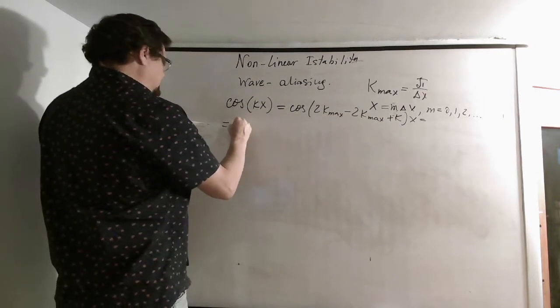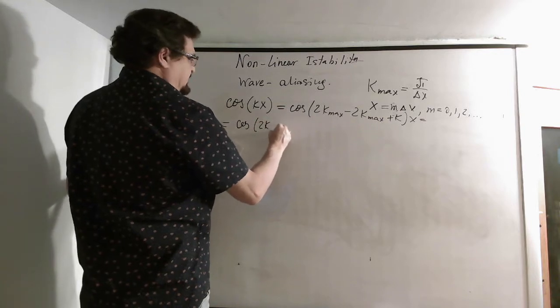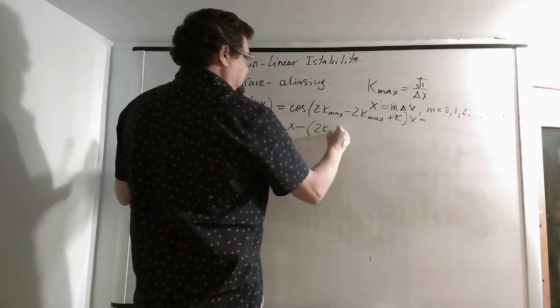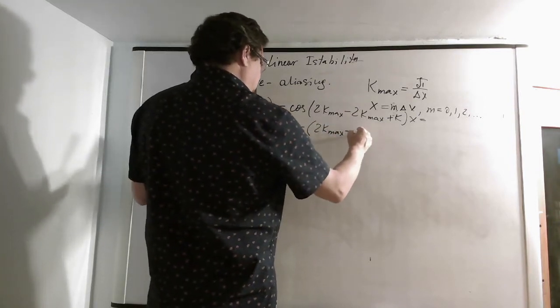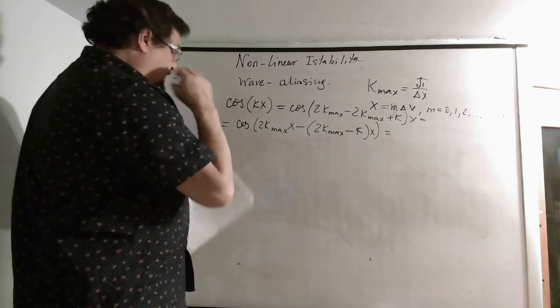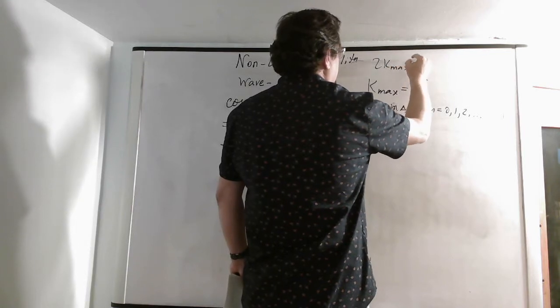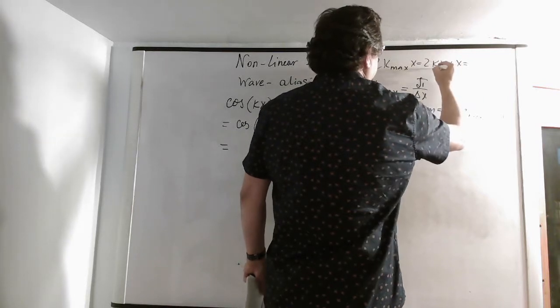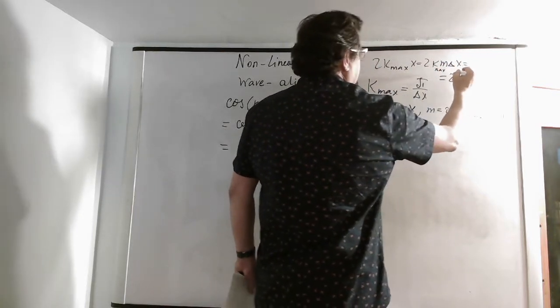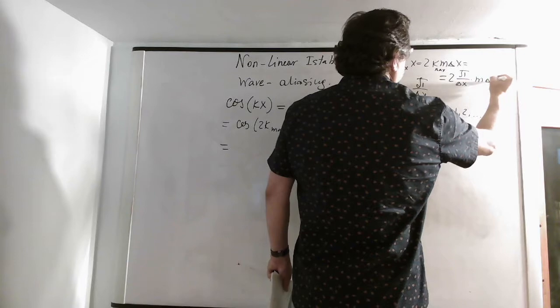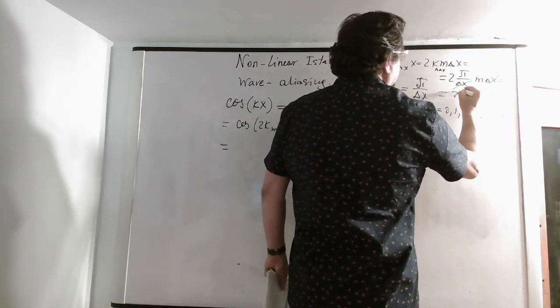So we have cosine of 2k max x minus (2k max minus k) x. Now 2k max x equals 2k max m delta x, which equals 2 times pi divided by delta x times m delta x. The delta x cancels, so it's 2 pi times m.